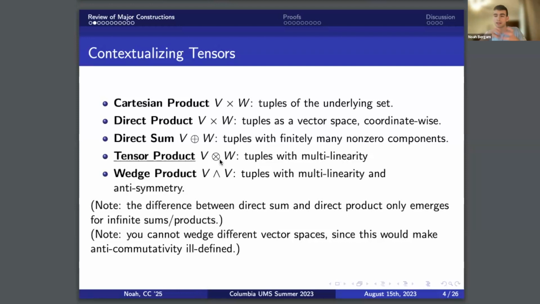That can only be done with a vector space in itself. So you can't wedge V and W together, because then the idea of anti-symmetry wouldn't hold. So you have tuples with multilinearity and anti-symmetry. In putting these constraints on it, it makes it a more constrained operation.